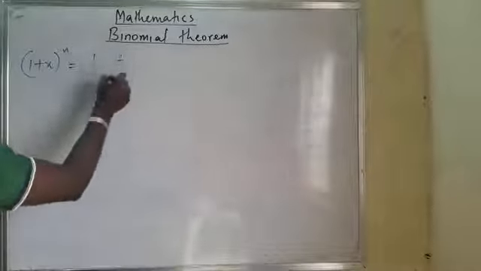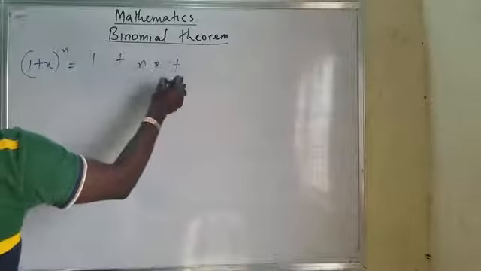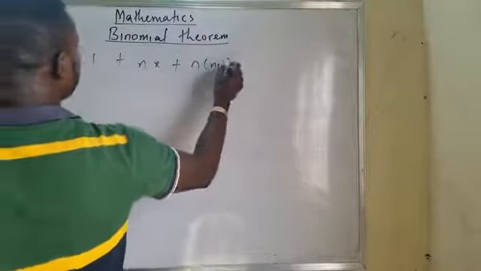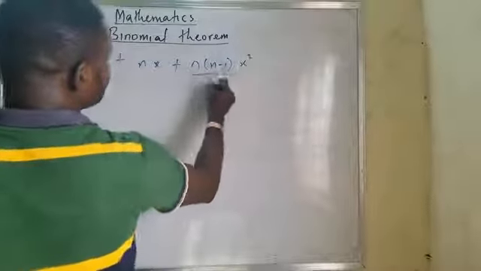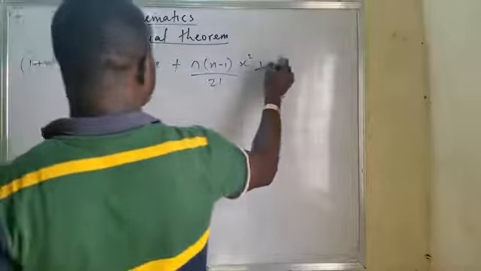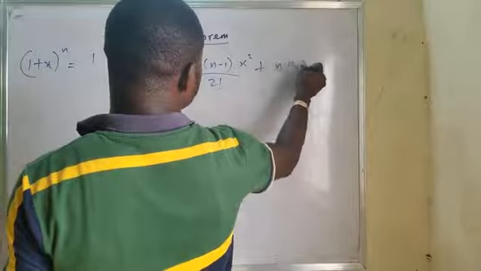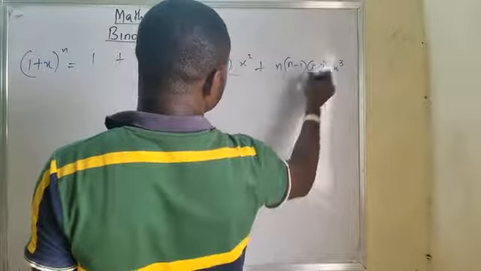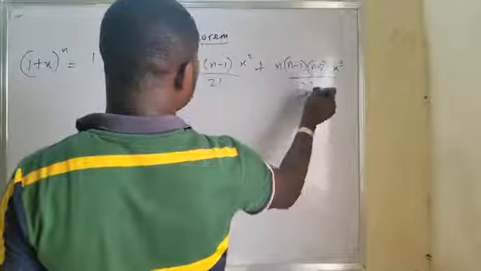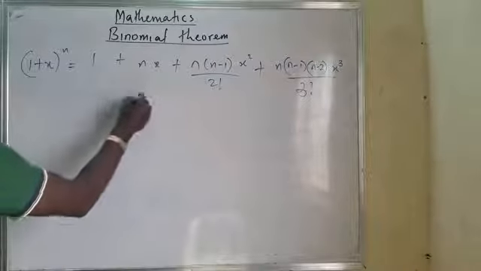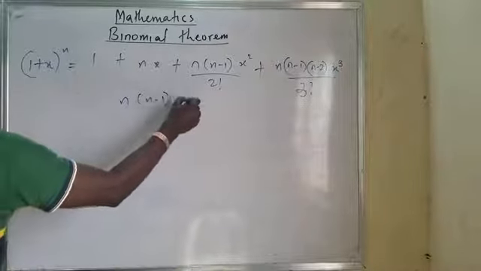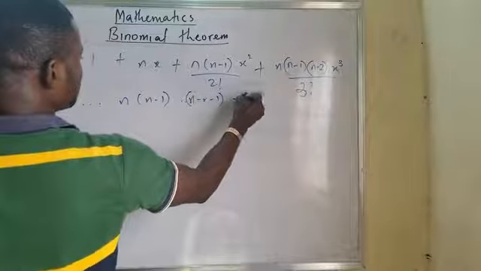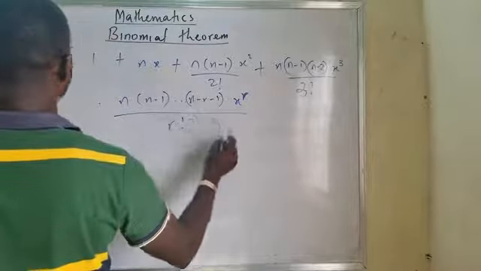I will be working along those things, which I'll be having: nx plus n bracket of n minus 1, x squared over 2 factorial, plus n times n minus 1 times n minus 2, x cubed divided by 3 factorial, and so on and so forth, to n times n minus 1 up to n minus r plus 1, x to the power r divided by r factorial, and so on.